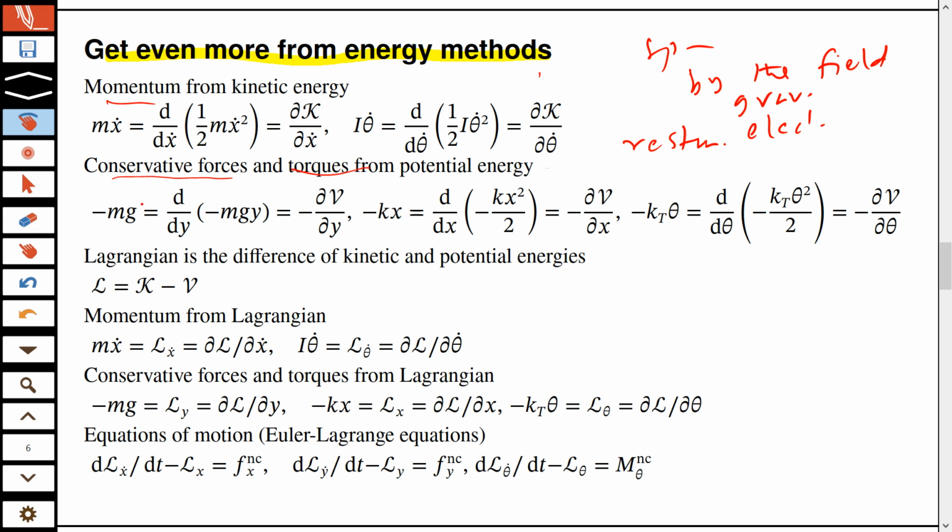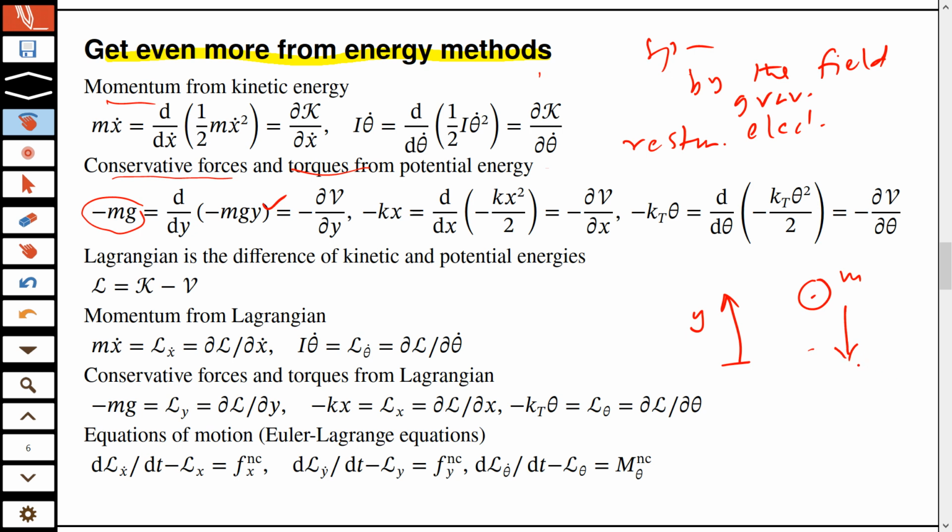For example, Earth will apply a force of minus mg on you. If this is y and y is by reference upward, and you take an object from this position to this position, the force by gravity will be downward.